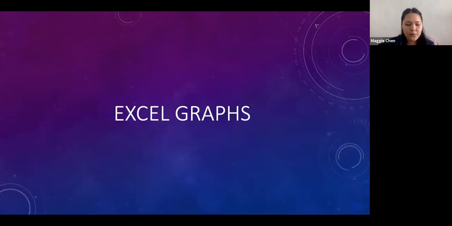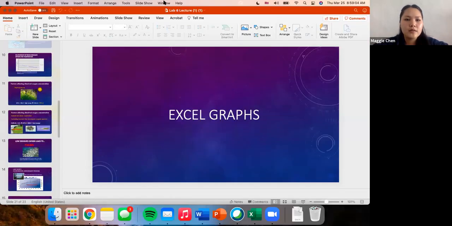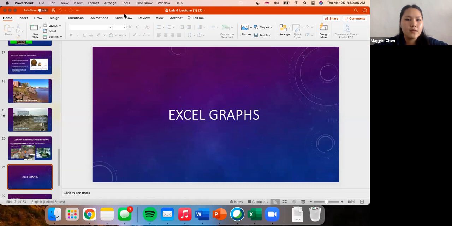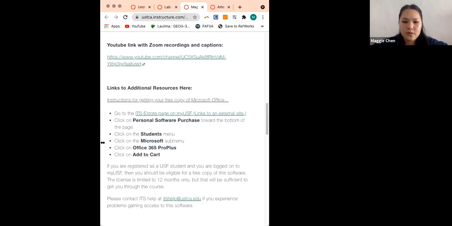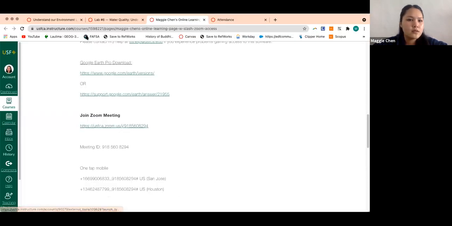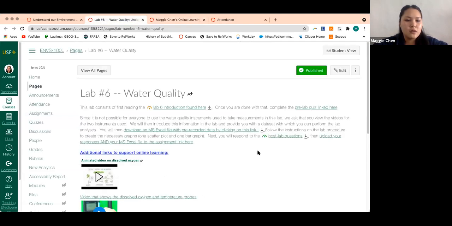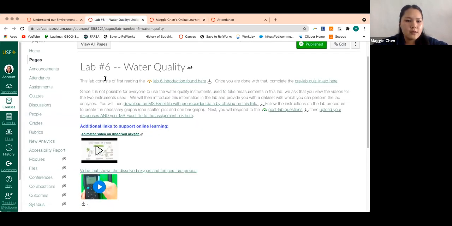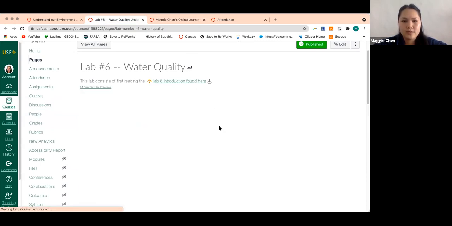So now we are going to be looking at data collected from past labs through making some Excel graphs. If we go back to the Canvas page, that's where we can find the Lab 6 Excel sheet. If we go into Lab 6, right underneath this first lab is where you can find the questions that you'll be answering, the Lab 6 introduction.